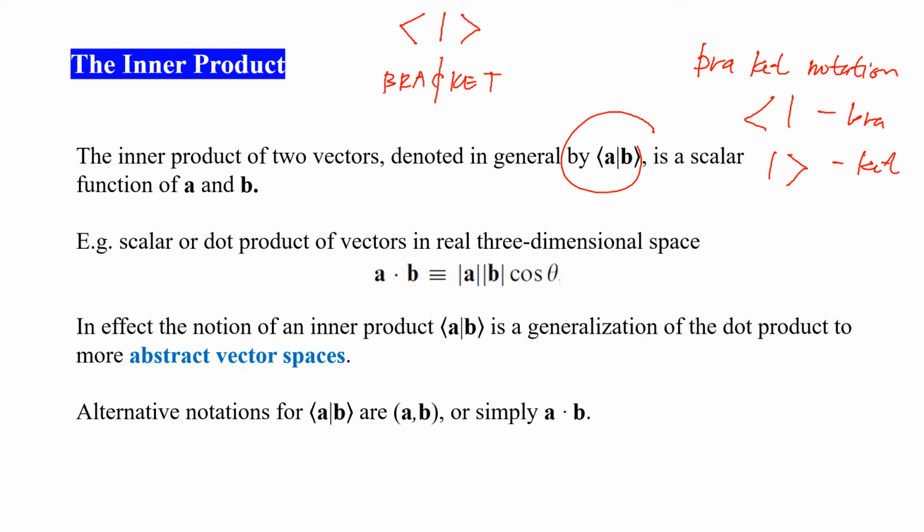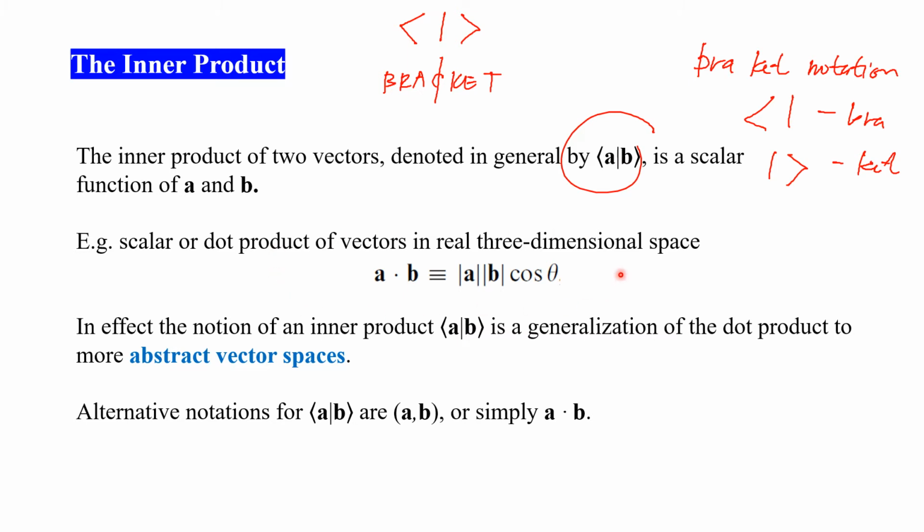So let's go back. The inner product of two vectors, denoted in general by bra A ket B, is a scalar function of A and B. For example, you have the scalar or dot product of vectors in real three-dimensional space, A dot B, that's equal to AB cos theta. In effect, the notion of an inner product, bra A ket B, is a generalization of the dot product to more abstract vector spaces.